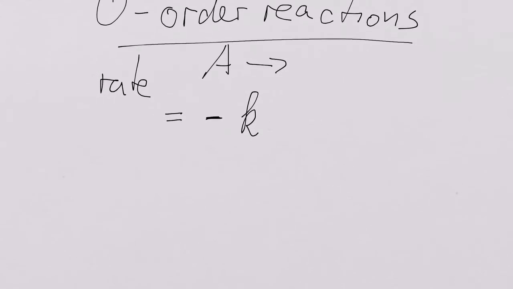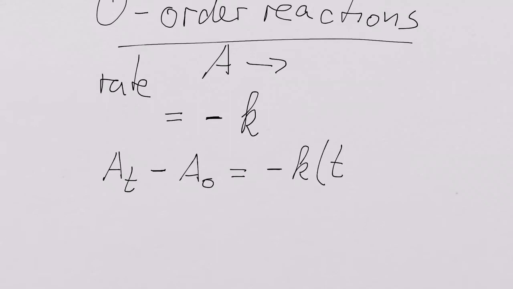And I think what I haven't given you is the explicit equation to solve a zero-order reaction. In this case, the equation is A at the time t minus A at the time 0, when we start the observation, equals minus K times t minus t when we start our observation.